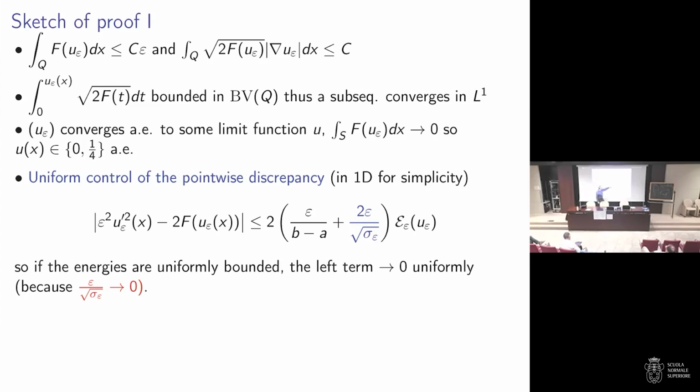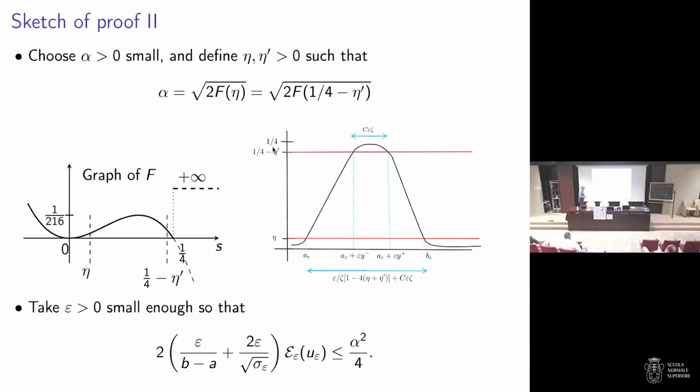This uniform control takes into account the energy and this term here. You remember in our assumption ε² divided by σ_ε goes to 0. So this goes to 0. So it means that we have locally control of the discrepancy.